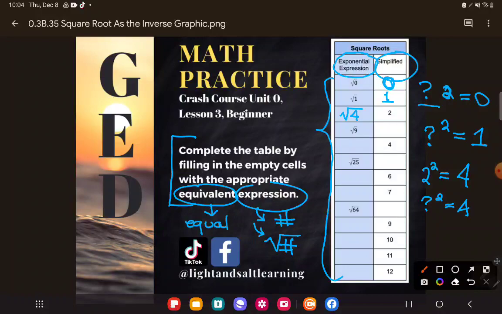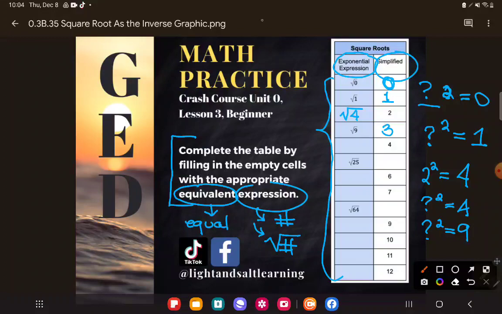Okay, so the square root of 4 is 2. And you're going to notice a really interesting pattern here, which is why I didn't just leave the right-hand side for you, because we can see the next one, the square root of 9. I'm asking what number squared is equal to 9? And of course, that's 3, right? 3 times 3 is 9.